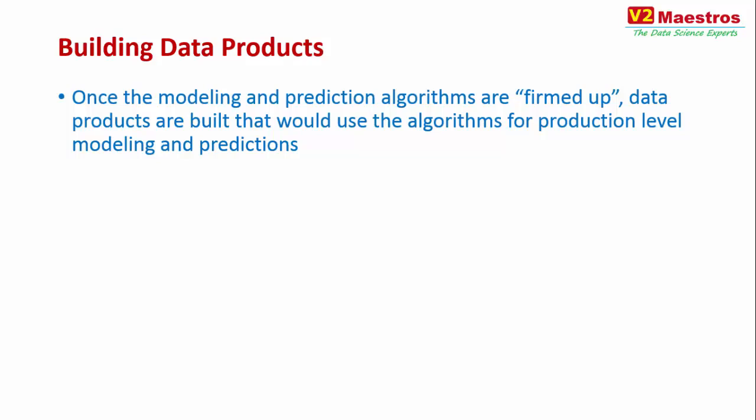A data product is basically productionizing the code. The code is no more running from an IDE kind of thing. You make code that is production quality, with all the error checking in place, with all the management and monitoring in place. That will do all the data engineering steps that we have talked about.